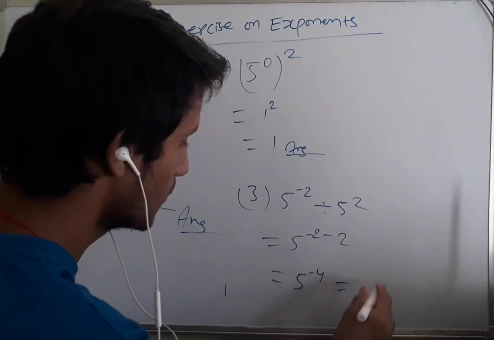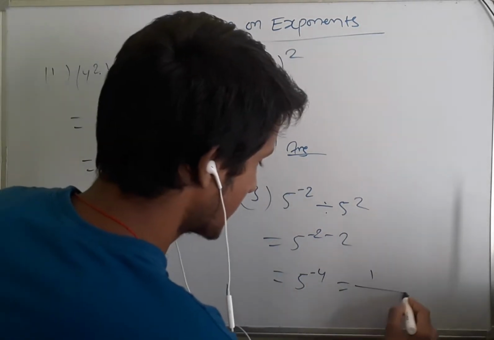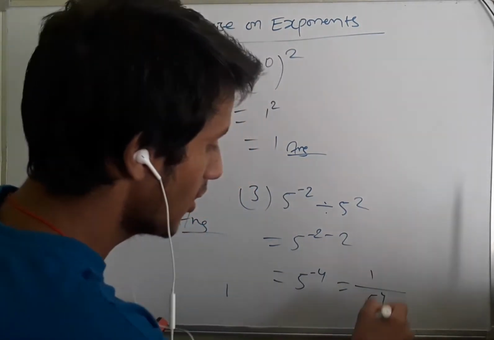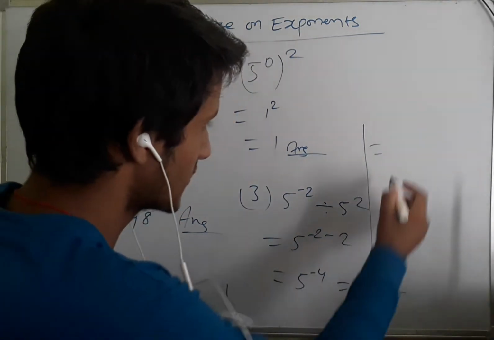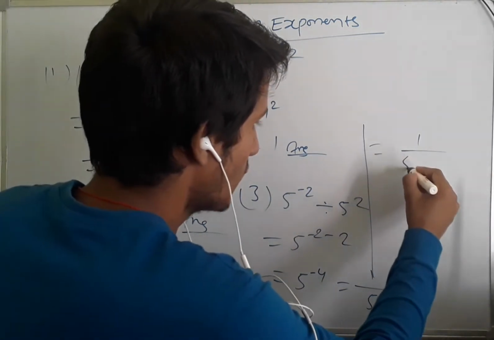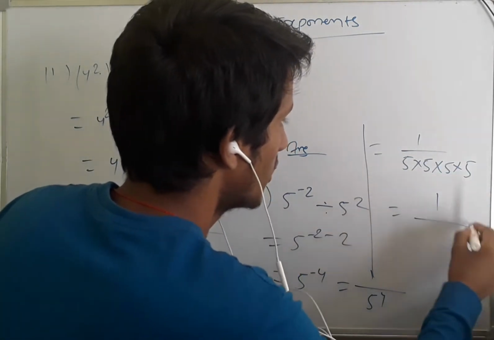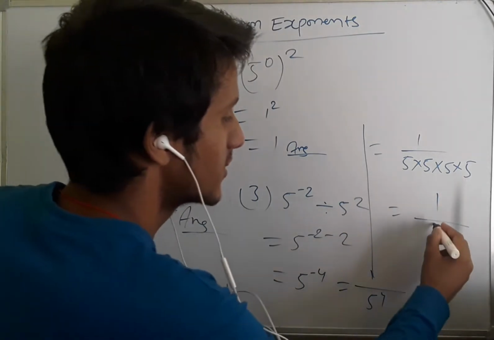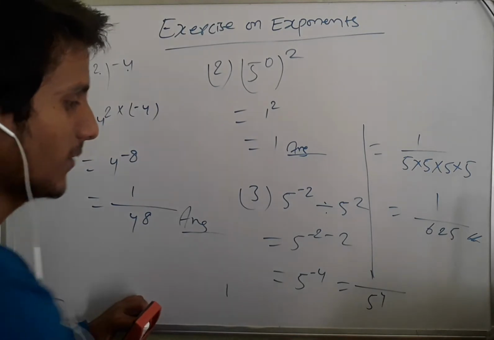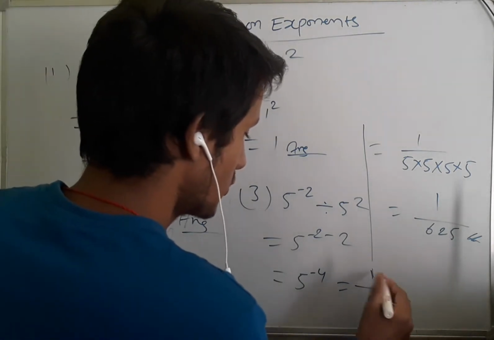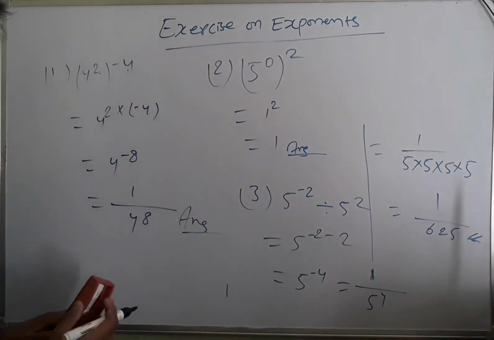Furthermore, you can write this as 1 over 5 to the 4th, so you'll get 1 over 4 5s. That would be 1 over 25, 5 5s are 125, and this is 625. So 1 over 625 is going to be your answer.